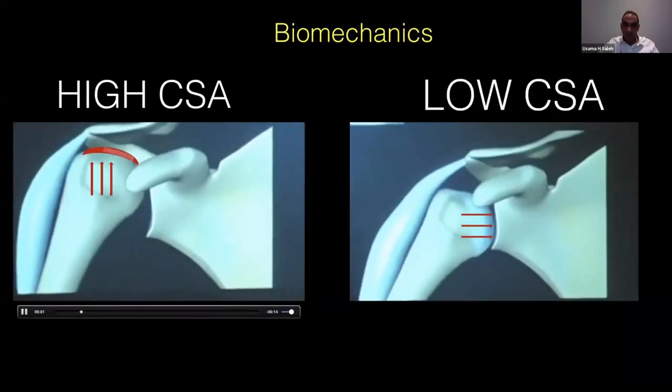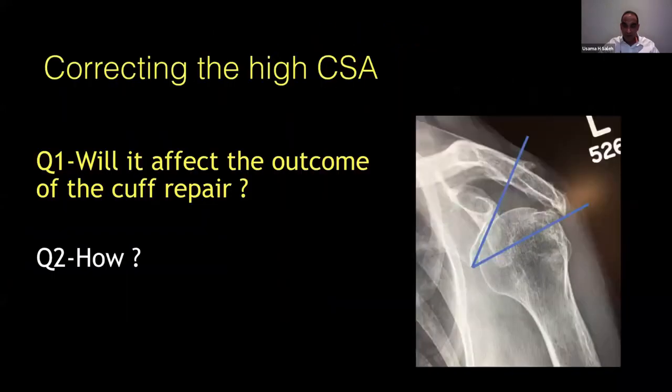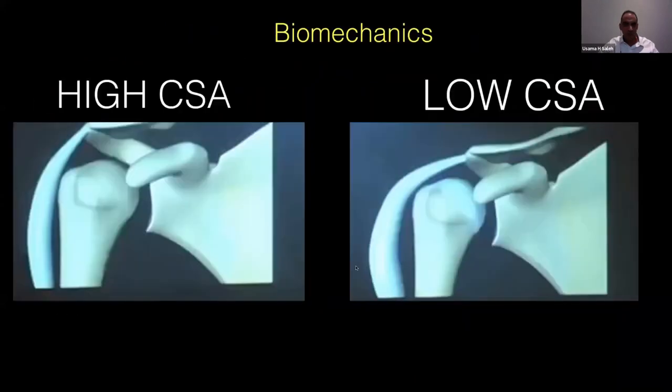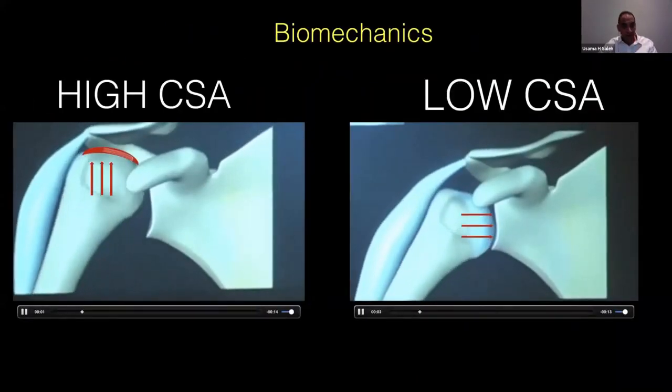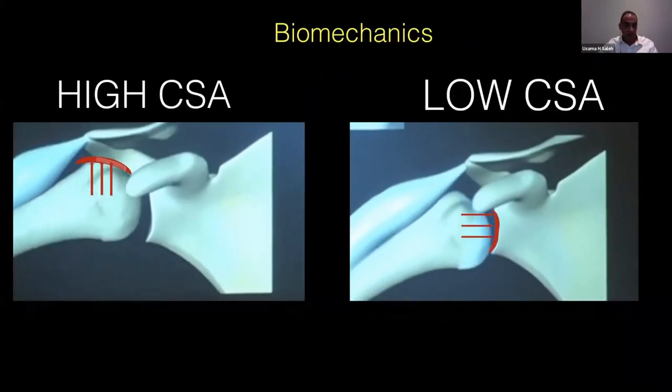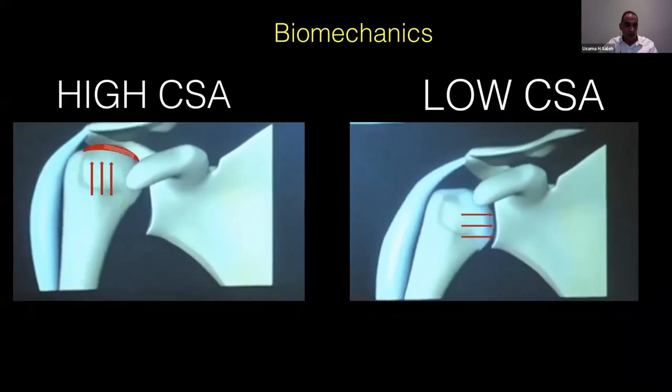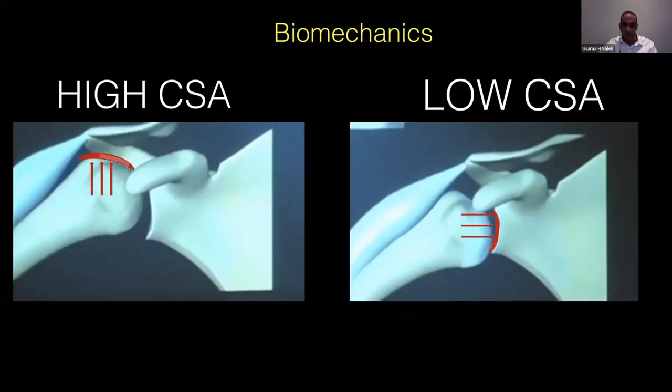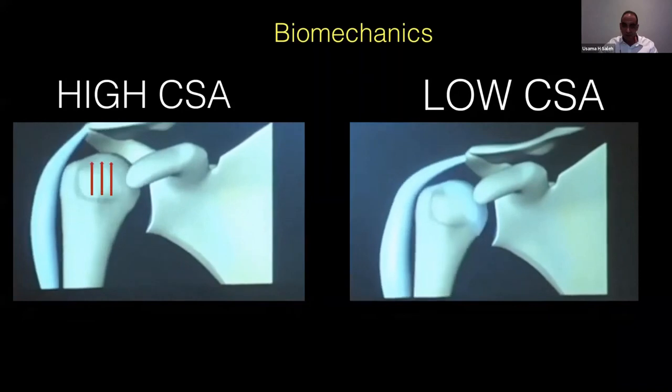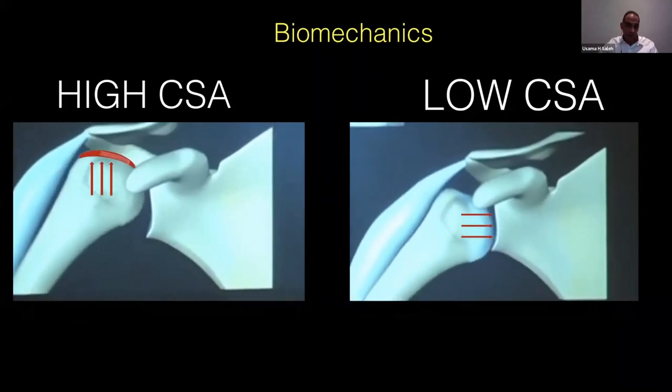Is there any biomechanical theory for that? Yes. They found biomechanically that when you have a high critical shoulder angle, there is more shear force on the glenohumeral joint than compression force.